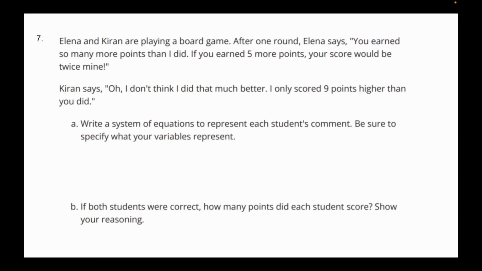So I'm going to define my variables above question A right here. We'll say that x is Elena's score and y is going to be Kieran's score.